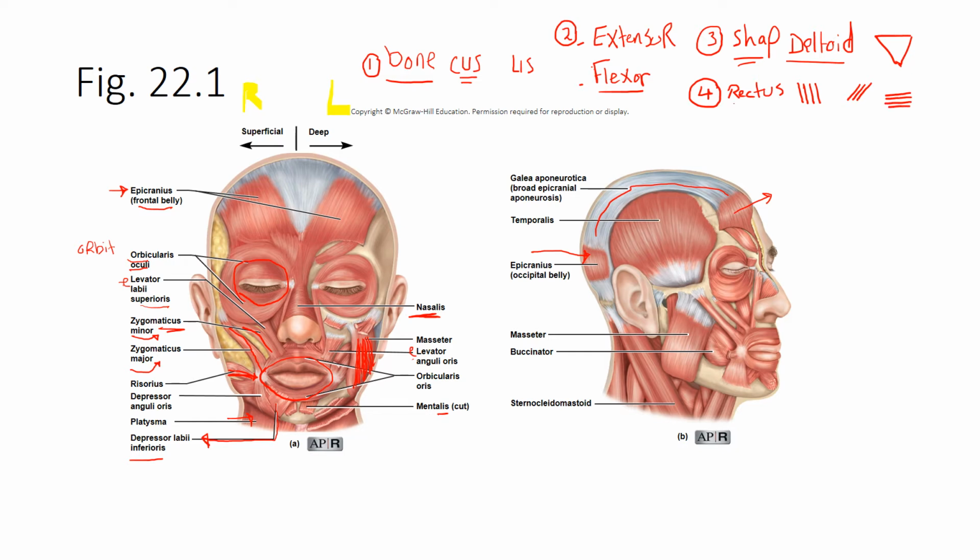And transverse abdominis, your muscle fibers go like this, in a transverse plane. So when you hear rectus, it means the muscle fibers go straight. We have rectus abdominis and we have rectus femoris. This is in your thigh. We're going to discuss this later.